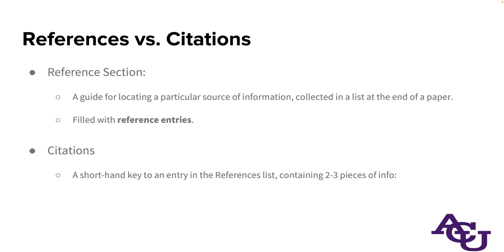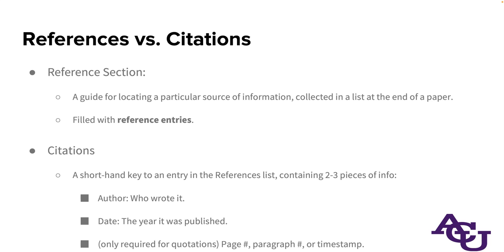And depending on what you're using it for and how you're using it, you will have 2 to 3 pieces of information. The author or authors who wrote the source or created it, the date, meaning the year that it was published, and then if you are quoting, if you are repeating the specific words from the source, page number, paragraph number, or timestamp.